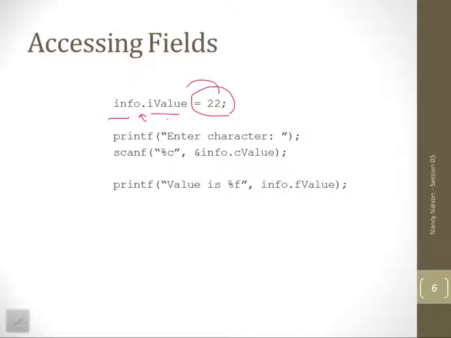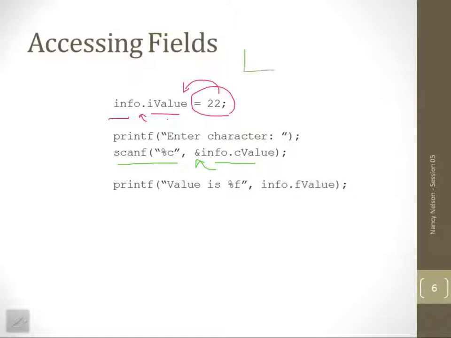Any value that we'd assign to an integer variable, we can assign to that space inside our union. Now, if I wanted to use the character that I had inside, I could prompt the user, read in a character, and assign it to the address of the character field inside that union.